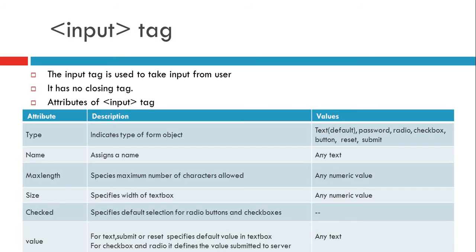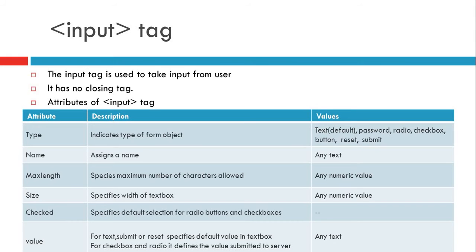In a form, we can create different form objects like a text box, a radio button, checkboxes, button. Now all these different form objects can be created by using different values of the type attribute. Type attribute has values as text, password, radio, checkbox, button, reset and submit.